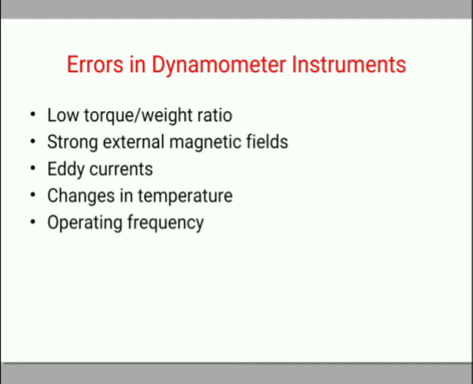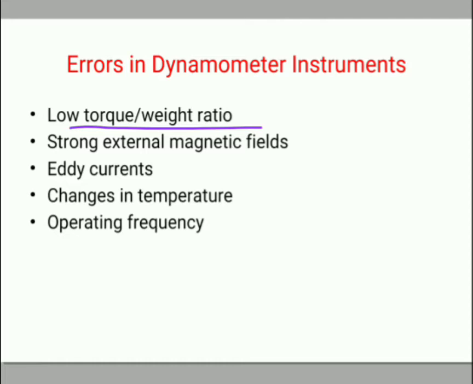The low torque weight ratio signifies heavy weight of the moving system, due to which the instrument incurs frictional losses. As compared to other types of instruments, frictional errors in dynamometer instruments are much higher on account of low torque weight ratio.